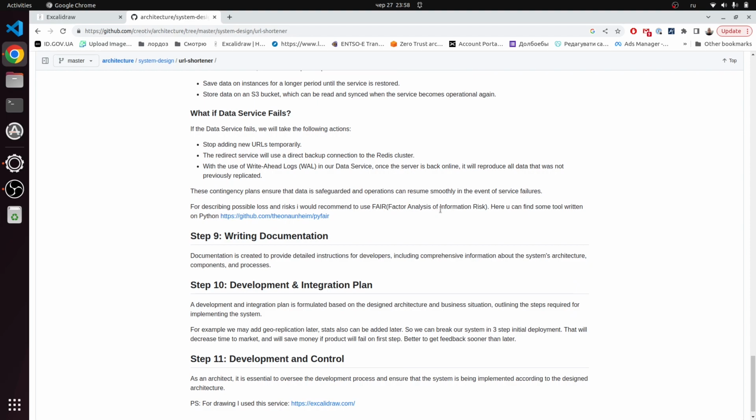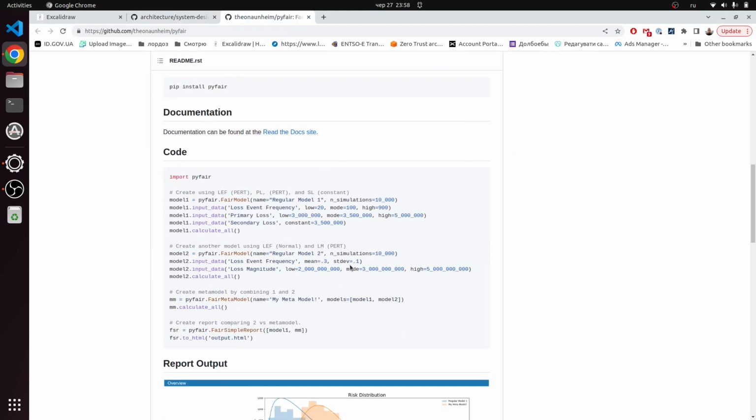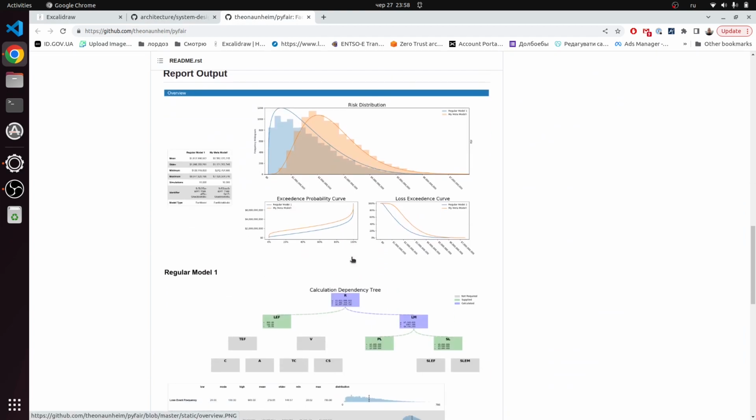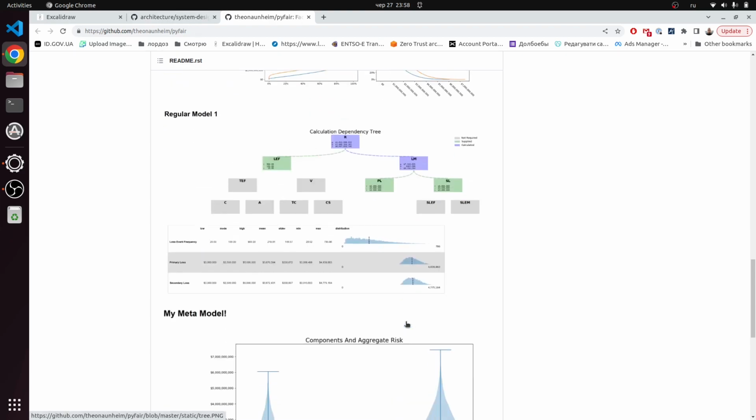It's pretty cool stuff for that. You may find a tool written in Python here that will create a report that gives you an understanding of how crucial this problem is to you or not, and what you will need to do about that problem if it comes.